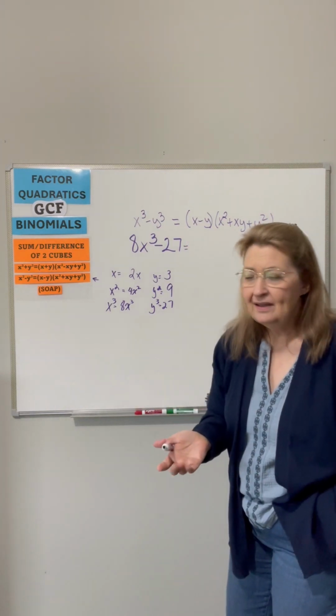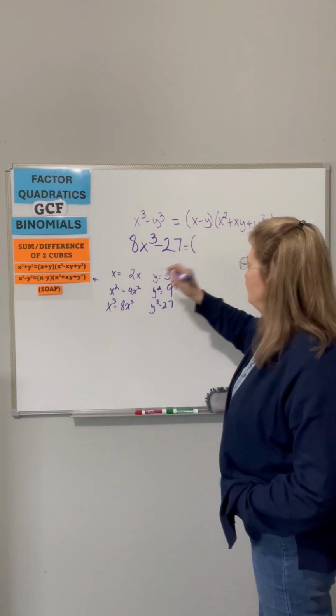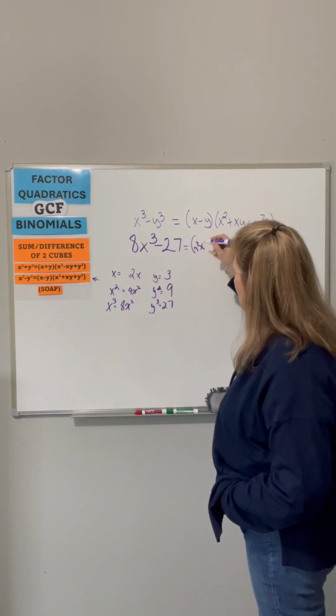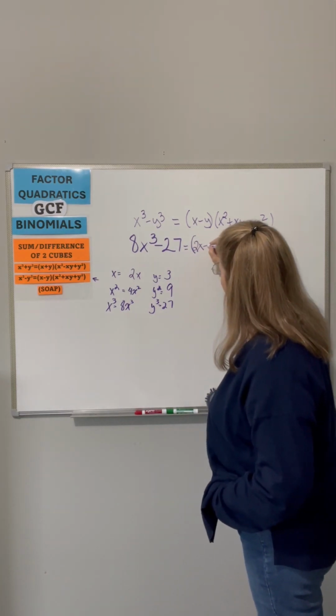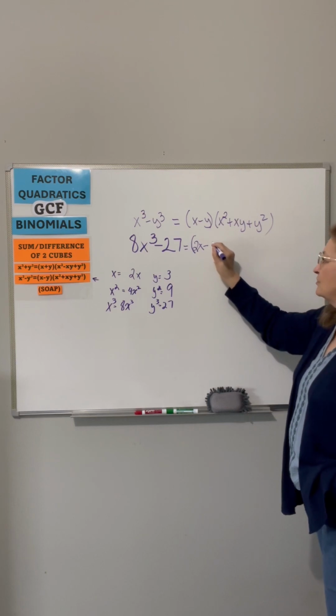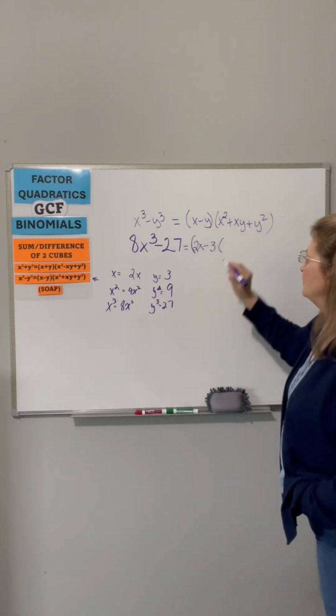All you gotta do is plug it in. All right, what is the x term? That's 2x. Let me write a little more legibly. All right, what's your y term? That's 3. What is x squared? Well, it's 4x squared.